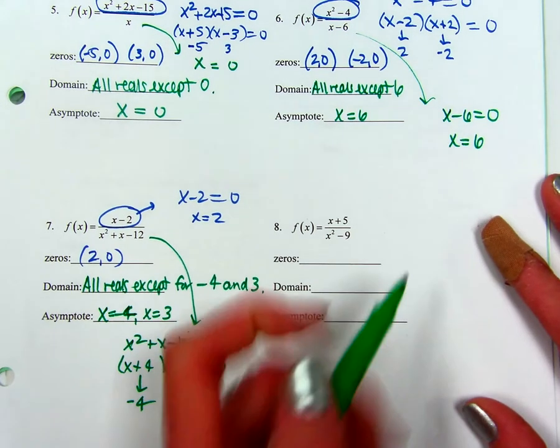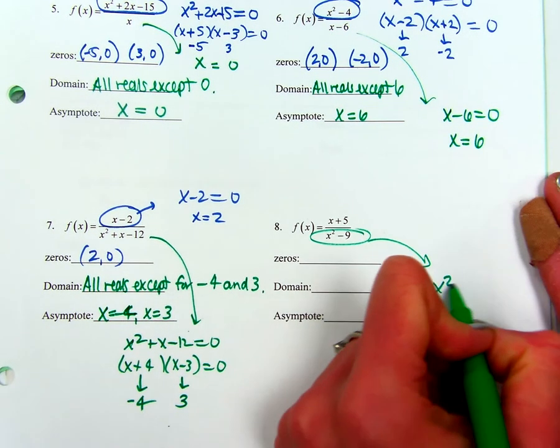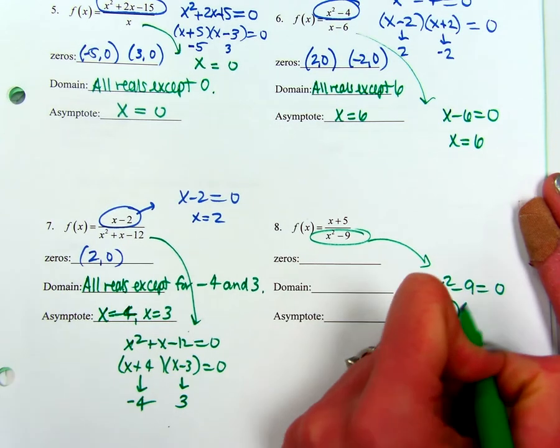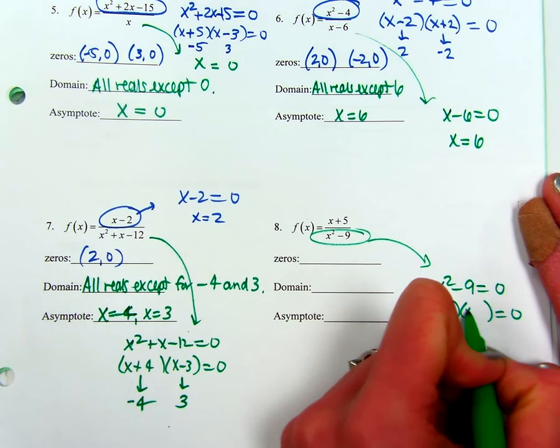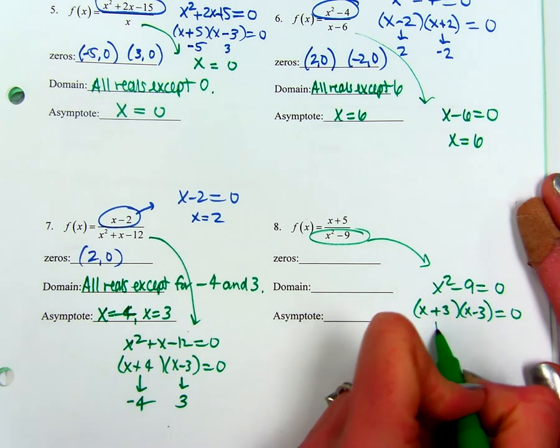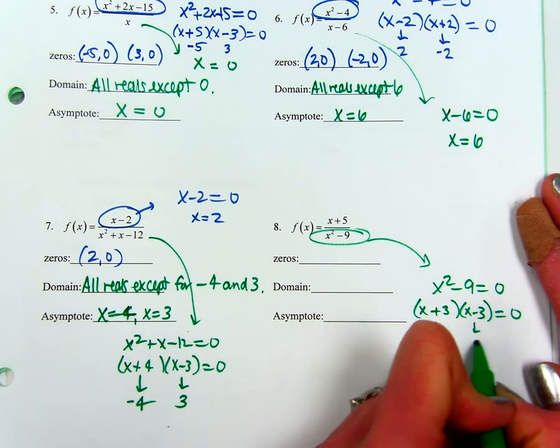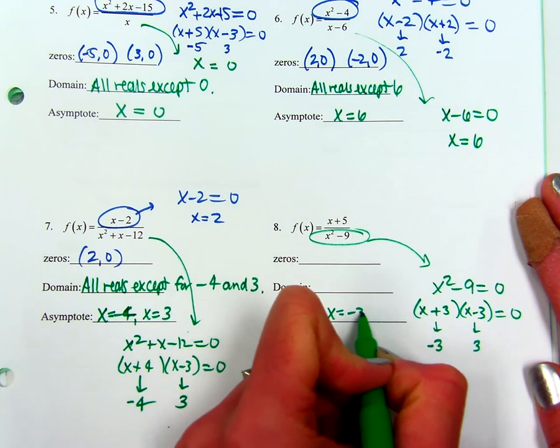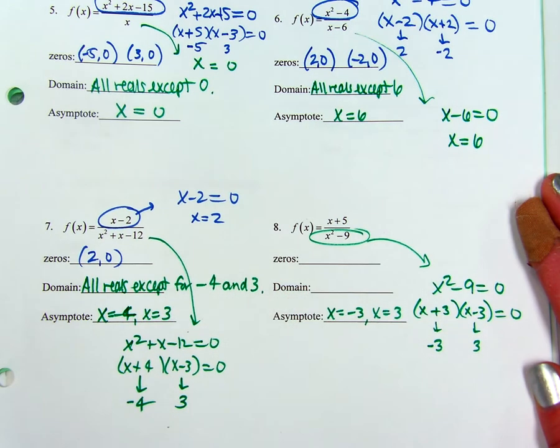All right, last problem. Start with your asymptote. x squared minus 9 equals 0. Since it's a quadratic, an x squared, that tells me I should try to factor it. When I factor it, it's a difference of squares, and I get negative 3 and positive 3. So x equals negative 3, x equals positive 3.